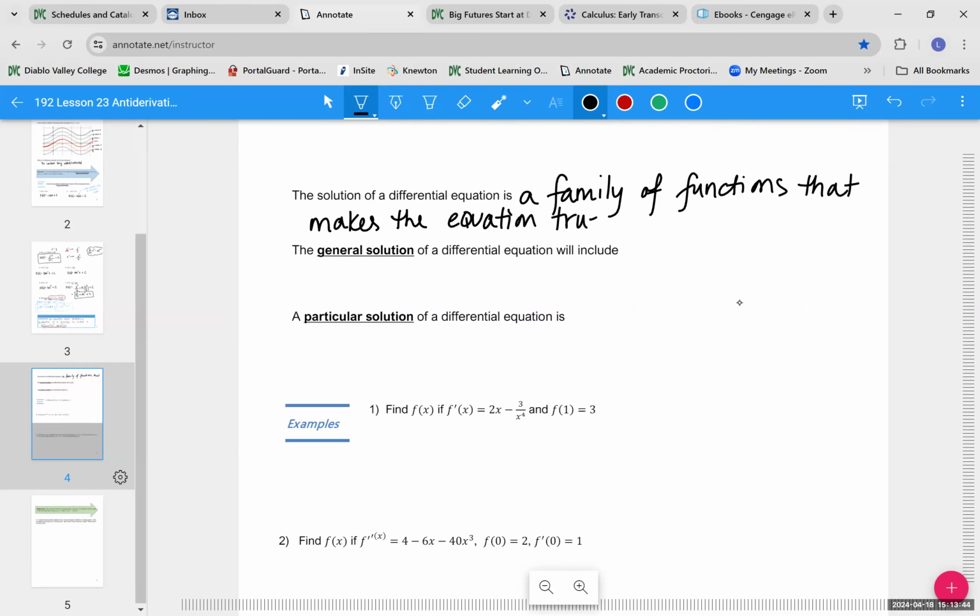It's a family of functions because we know, as we discussed in the last video, that there's an infinite number of those functions that will actually be true, have that derivative. So the general solution will include the arbitrary constant, that plus c that we've just been talking about, the arbitrary constant c to denote the family of functions.